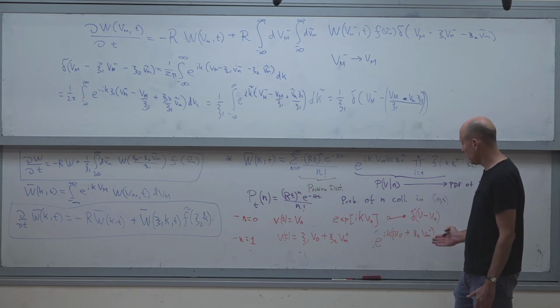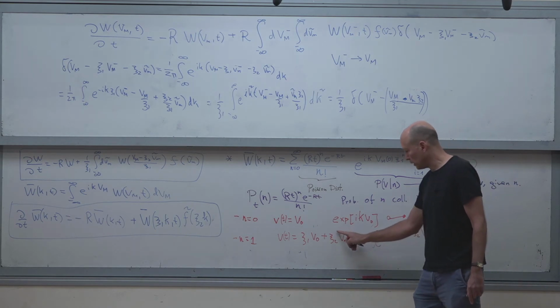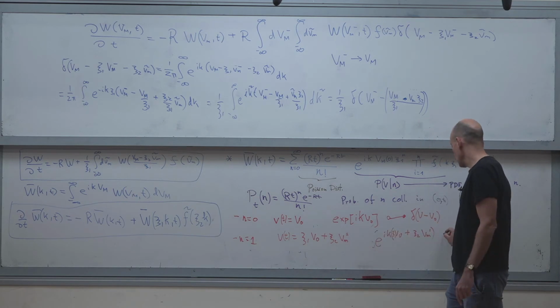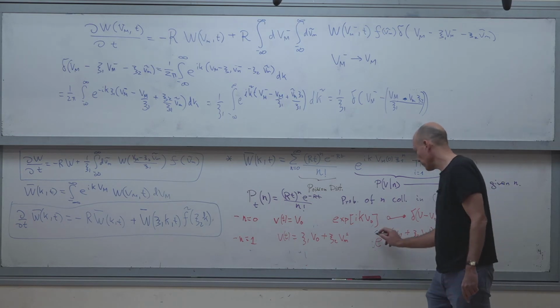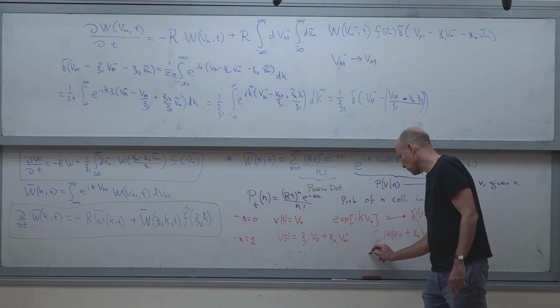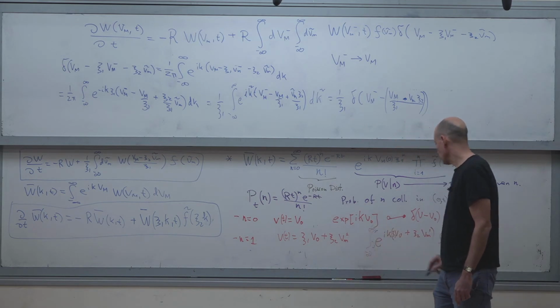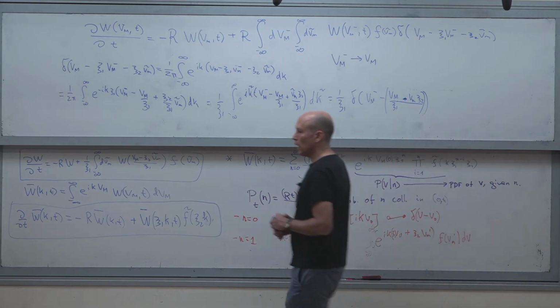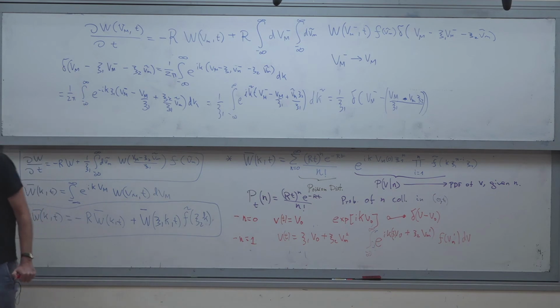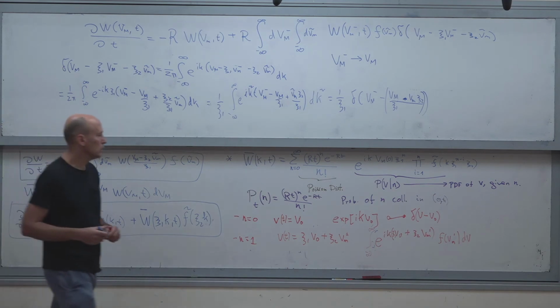This is the Fourier transform. What is the random variable here? This is V1, the velocity of the gas particle. So I need to integrate this. You see how much easier it is to work in Fourier space, of course, as usual.